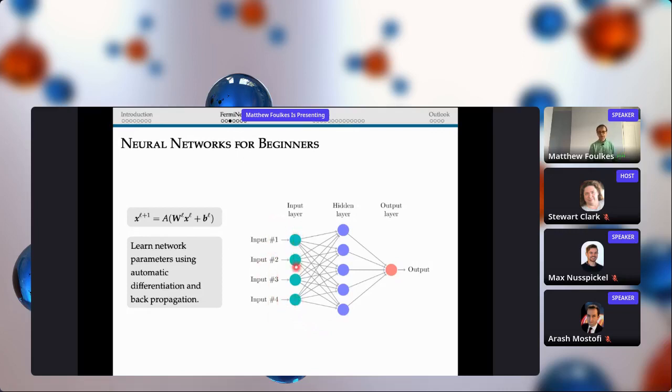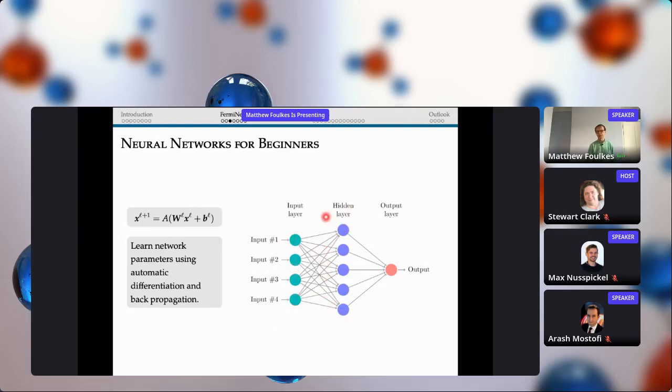They go into this initial layer of 4 neurons. The data from each of these neurons is passed along the arrows to the next layer. There may be multiple of these so-called hidden layers. And what these arrows actually represent is a linear transformation. So the value at this neuron is a linear combination of the values at the 4 below.